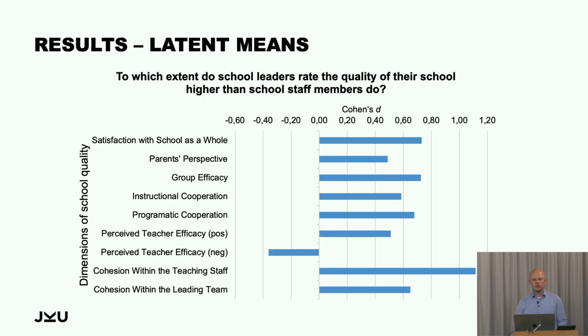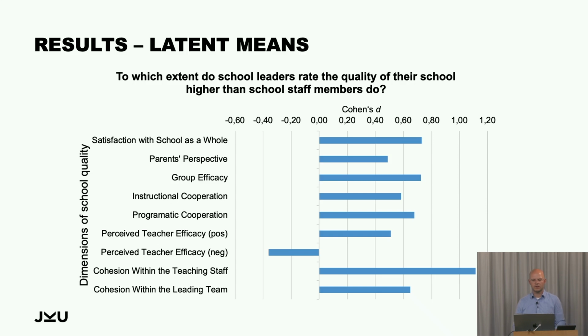This figure shows the differences between the latent means of the two informant groups, that is, teachers and school leaders, for all of the dimensions of school quality that we assessed. The differences of the latent means are expressed by Cohen's d effect sizes. We can see quite large variability.